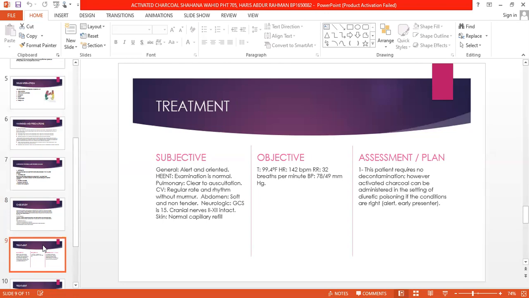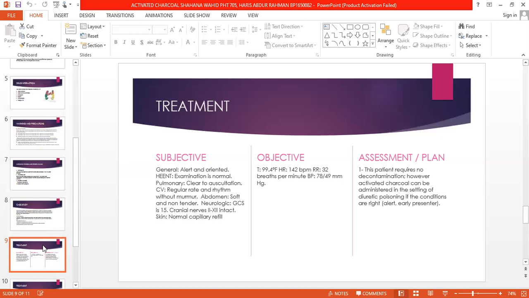So basically there appears to be no such problem, and the patient appears to be normal. The heart rate, however, is 142. The respiratory rate is normal, the BP is on the lower side.